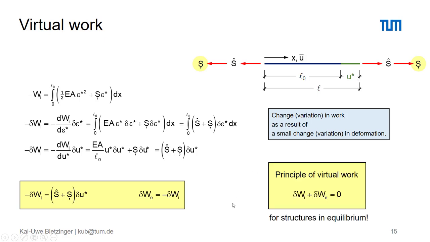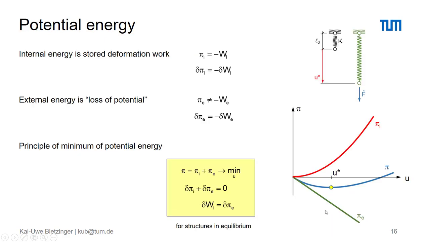Again, applying the work theorem, it holds that the virtual external work is the negative of the virtual internal work. That means the sum of these two must be 0. And that is what we call the principle of virtual work for structures in equilibrium. Important to realize is that this 1/2, which we have in the work, disappears as we look into the virtual work.